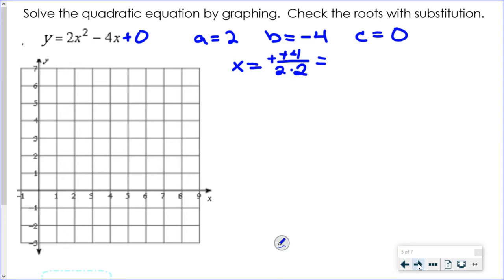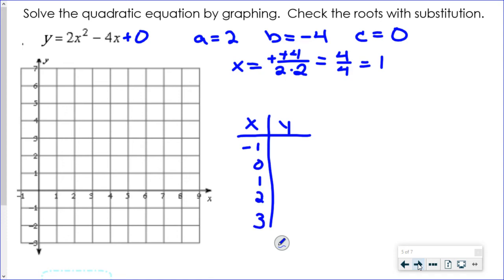So that actually cancels to 4 over 4 or 1. So when I make my table, that 1 goes in the middle. Okay. And now I'm going to use that and put 1 into my equation. And now I can finish the table.